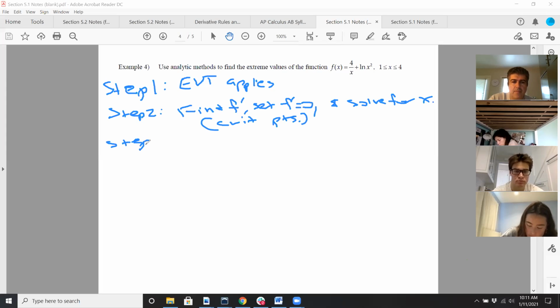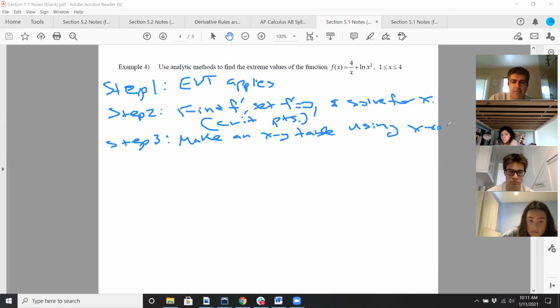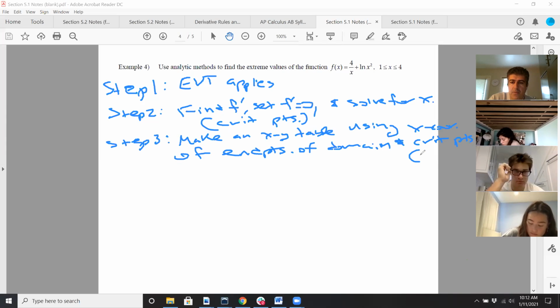Step 3 will be to make an XY table using the x coordinates of the endpoints of the domain, and your critical points that you found in step 2. Remember, the critical points are found in step 2.